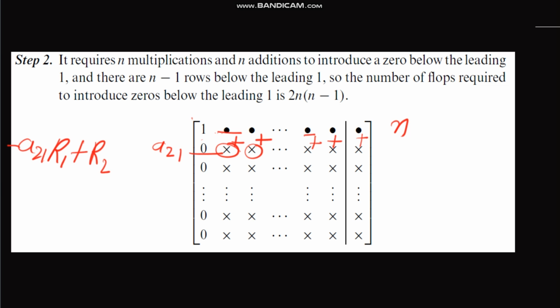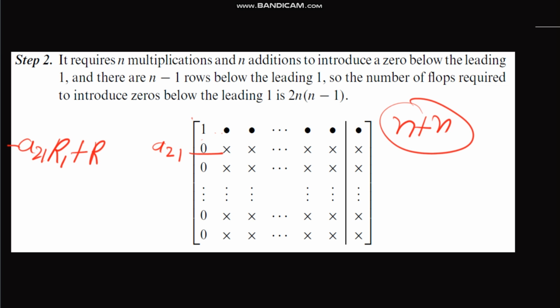So how many additions will we use here? Obviously, because we have used n multiplications, since there are n elements, we are adding with n elements similarly. So we needed n multiplications and n additions.